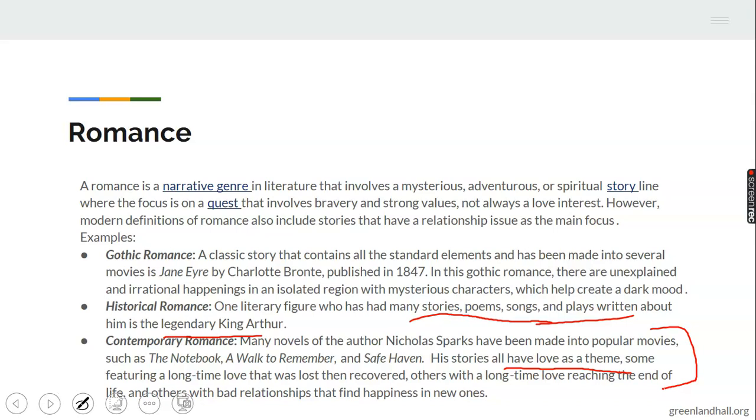And the other ones, historical romance has to do with stories about historic and legendary people. Then Gothic is stories about mystery, things of mystery in the past and dark powers.